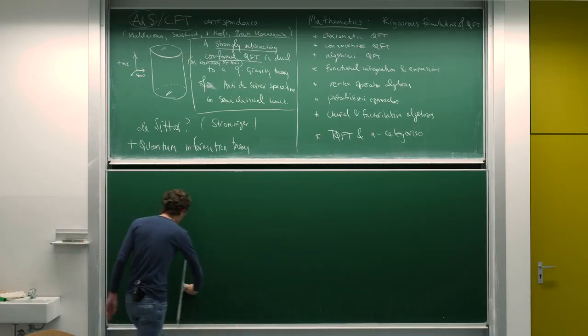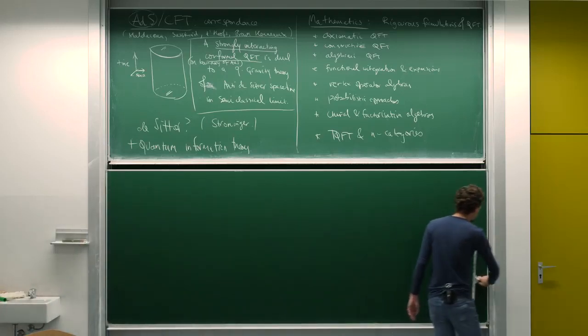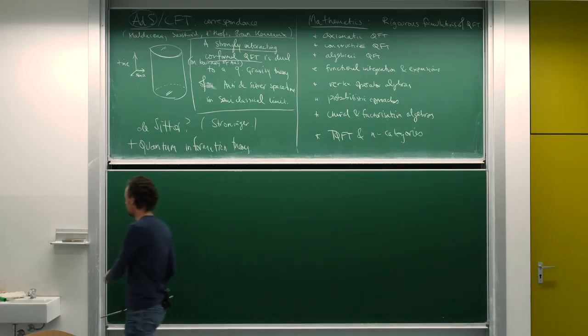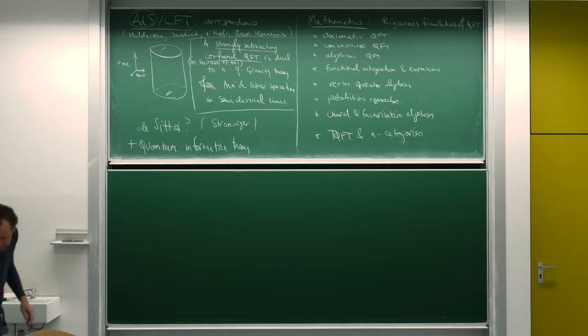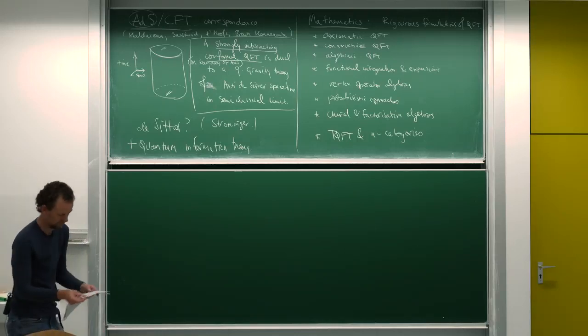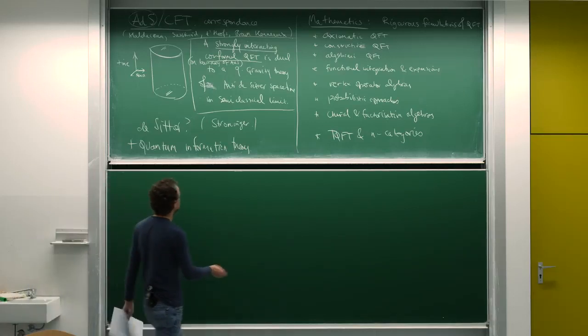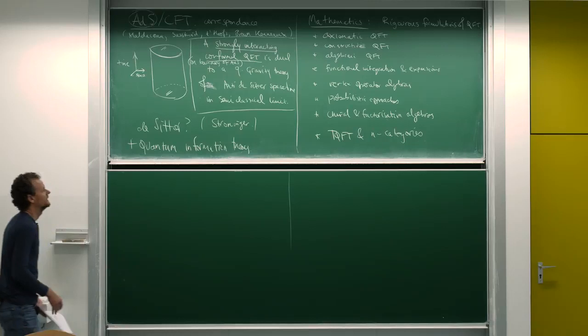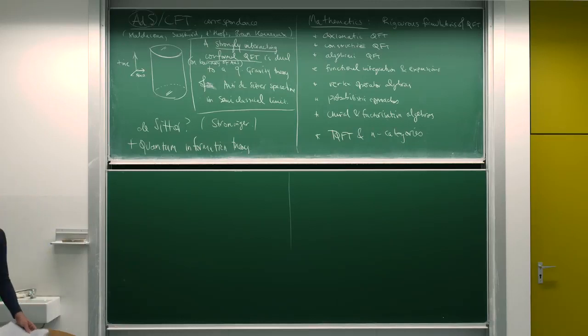So according to the axiomatic characterization, a quantum field theory ought to be a quantum mechanical theory. Any quantum field theory better behave according to the laws of quantum mechanics. And then they added some axioms to that.